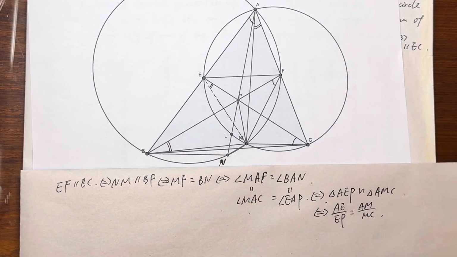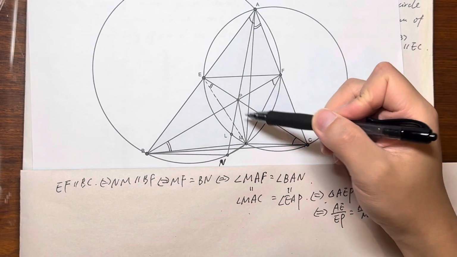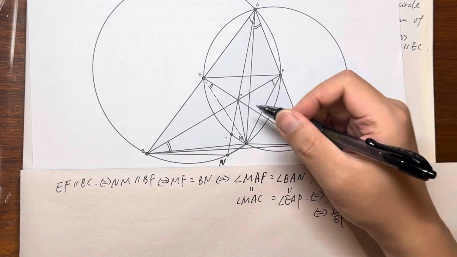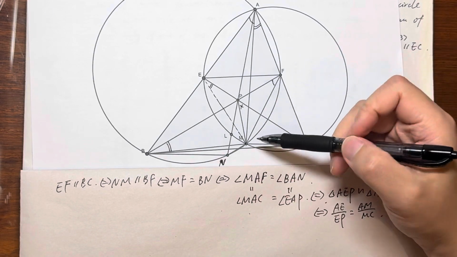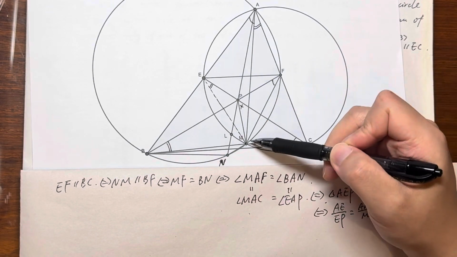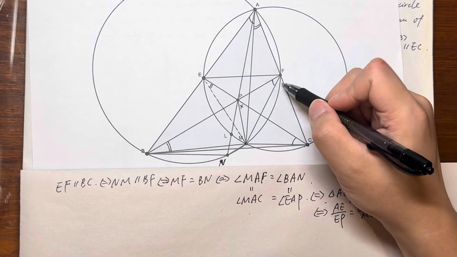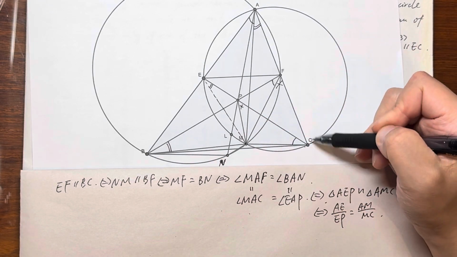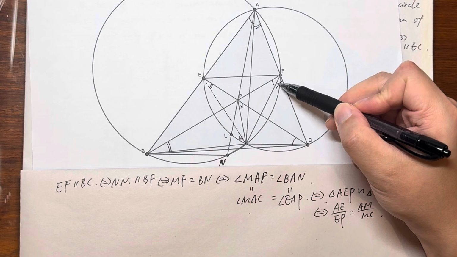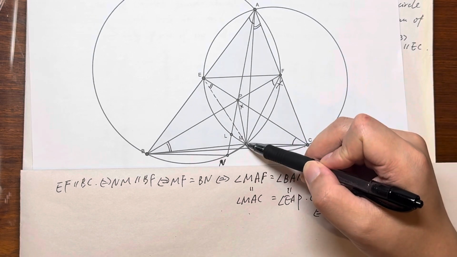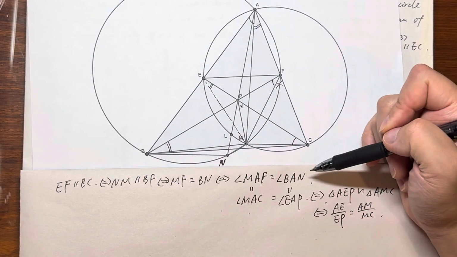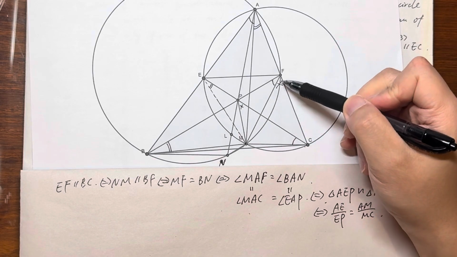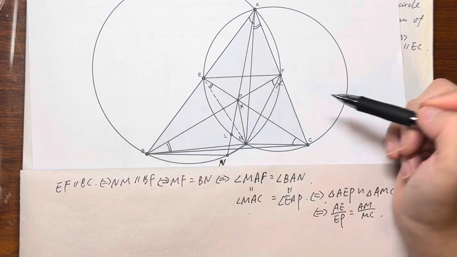And also, the angle MPC equals angle MFC, and angle MFC equals angle MBA, because A, F, M, and B are cyclic.